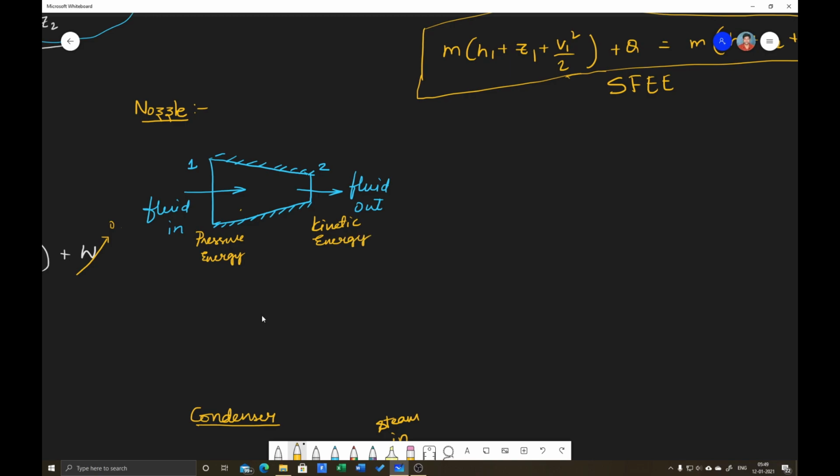The kinetic energy is used to drive a turbine. Generally the nozzle is insulated, so there won't be any heat transfer in or out of the system, and there will not be any work either. Its main function is to convert pressure energy into kinetic energy.